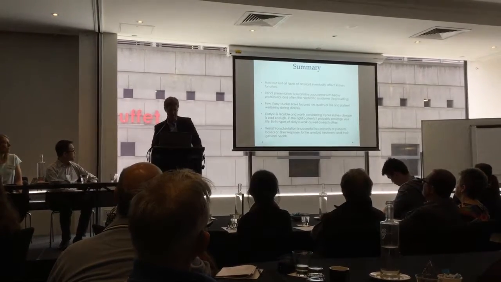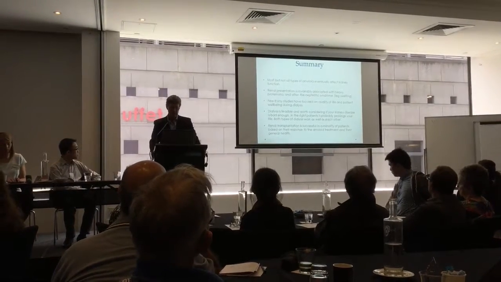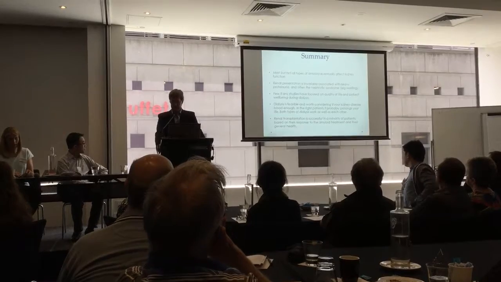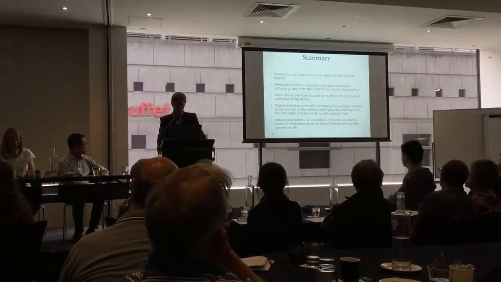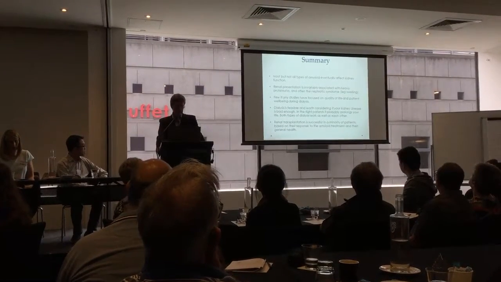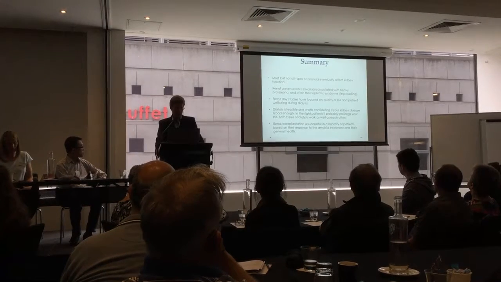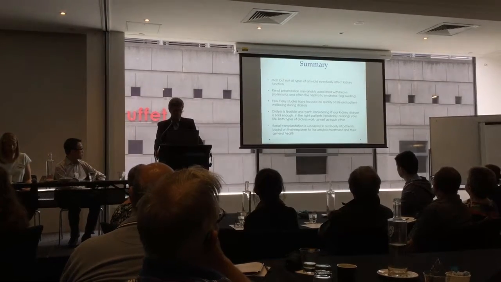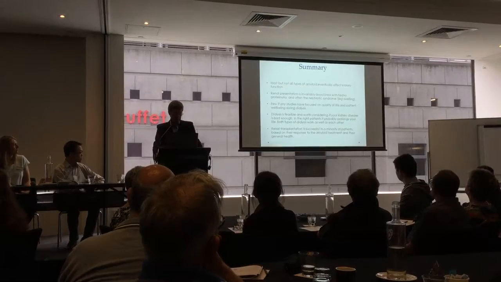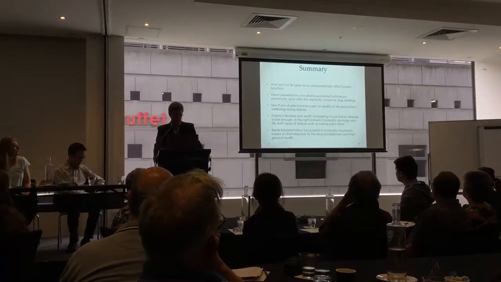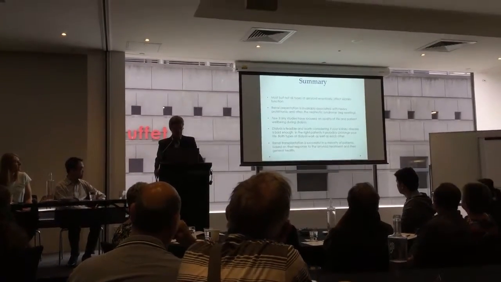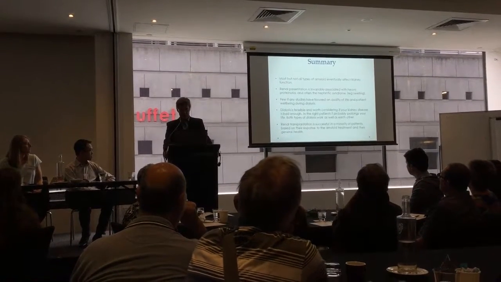So just to summarise, most but not all types of amyloid eventually affect the kidney function. Renal presentation is invariably associated with protein in the urine and often nephrotic syndrome. One thing that hasn't been looked at carefully is quality of life on dialysis and patient well-being. That's something that could be looked at.